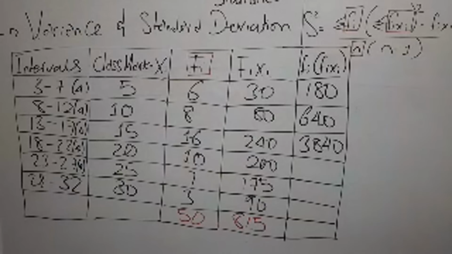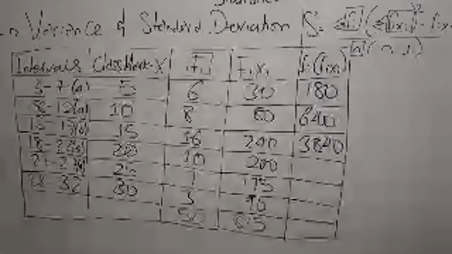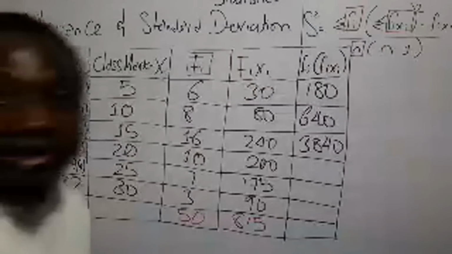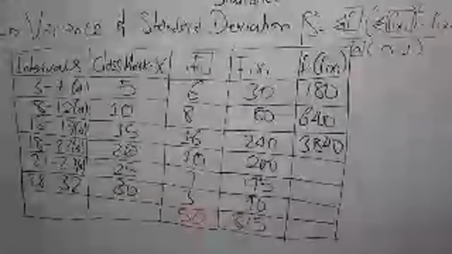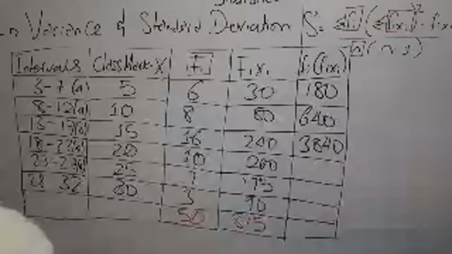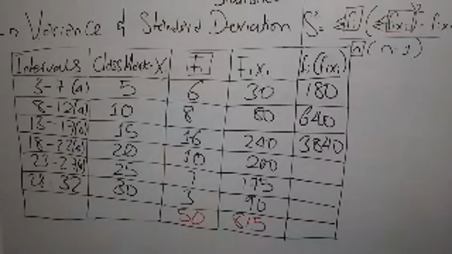What do we have for the next one? Miss Regina said 2,000. Okay, 2,000.